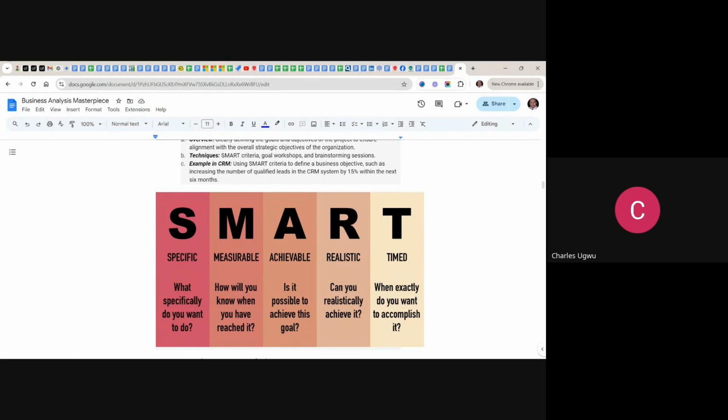If creating more campaigns on maybe 3 social media platforms will help you to reach 15%, then these are going to be part of your requirement. So you can see how you are capturing requirements, what needs to be done in your project.